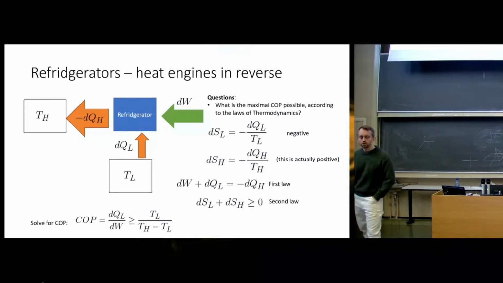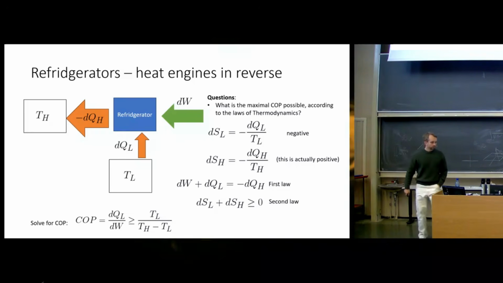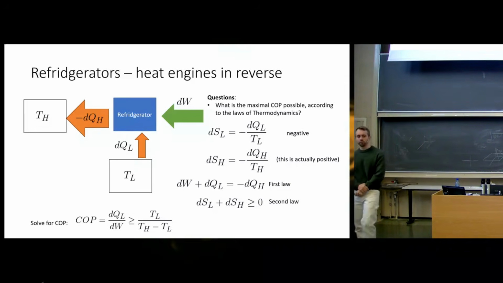Exactly. And then the last question, if you had time to do that, is of course this question of what is the maximal COP possible according to the laws of thermodynamics. And the way to calculate this is to do the same thing that you can do for the ideal engine, only now taking into account that this is the reverse operation, right?